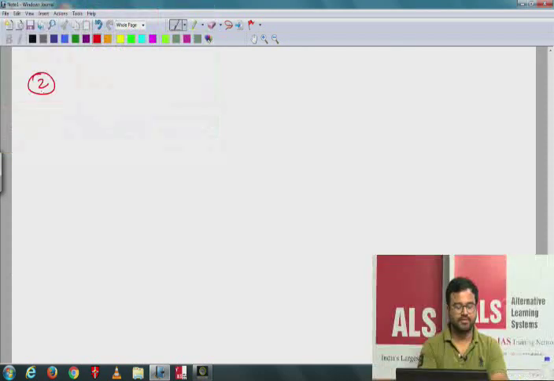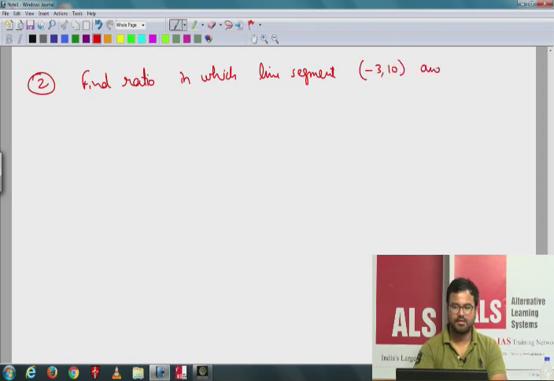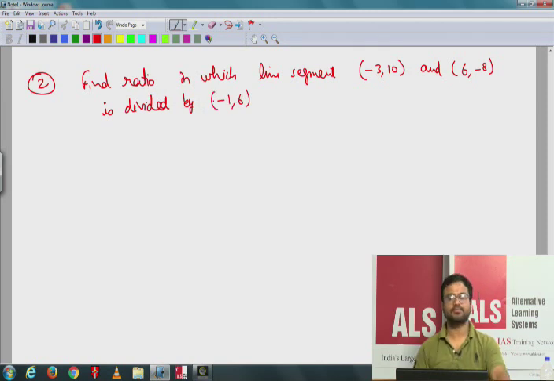So the second question we can say, let's say, find the ratio in which the line segment with the points minus 3 comma 10 and 6 comma minus 8 is divided by minus 1 comma 6.